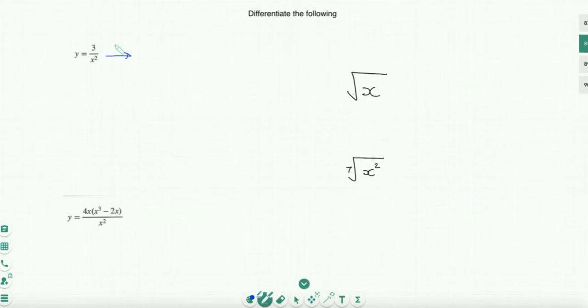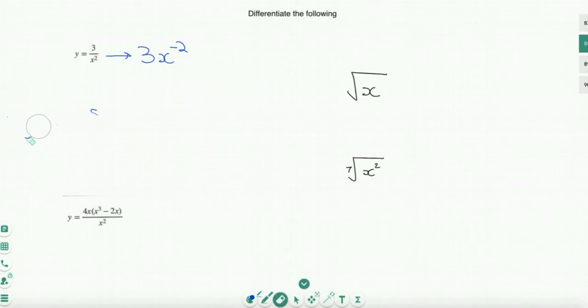I'll briefly explain how to do this here, how to convert this into an indice, but if you want a more detailed explanation and more practice, just go into that indice video I have as well. So in order to turn this into an indice and get rid of the fraction, we can write 3 over x squared as this. 3x to the power of negative 2. Another example, if you had 5 over x to the power of negative 5, we could write this as 5x, and negative 5 becomes positive.